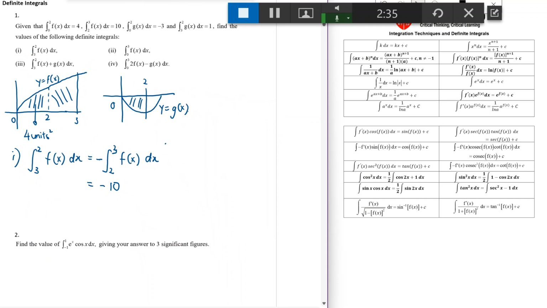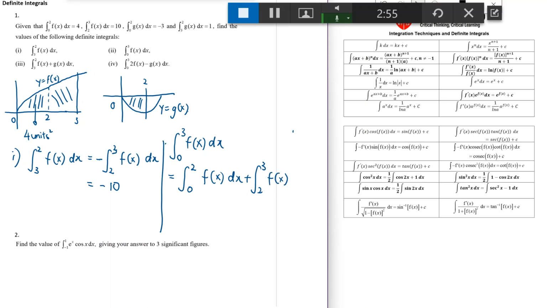Okay, and the other one: if I want the integral from 0 to 3 of f(x), it's a little bit like the MRT analogy I always give to students. It means I want the area from 0 to 2 plus the area from 2 to 3 of f(x). It's important that the upper limit of the first one and the lower limit of the second one must be the same, such that they meet.